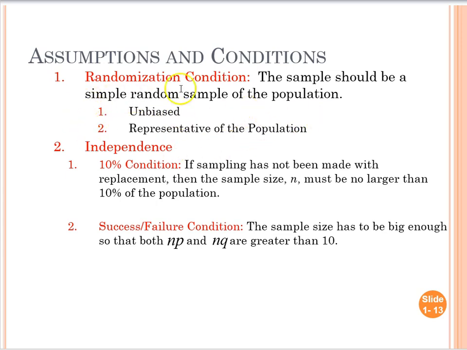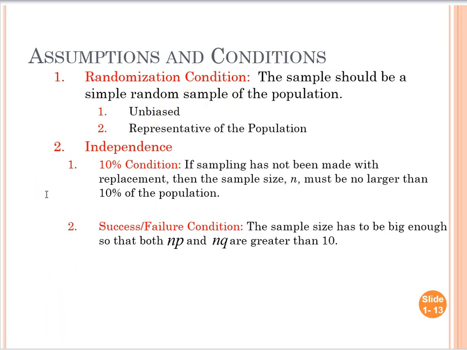These are important criteria because if they're violated, your proportions aren't going to be anything meaningful. Most of the arguments in the popular media surrounding statistics generally have to do with violations of this condition. Either their sample is not representative of the population or they've biased the sample in some way.